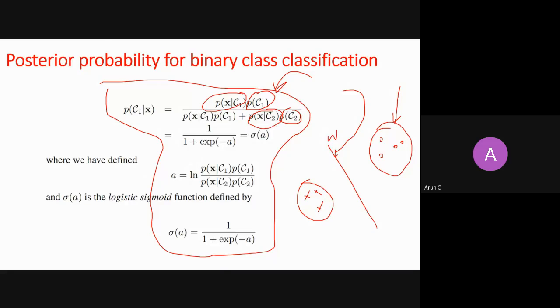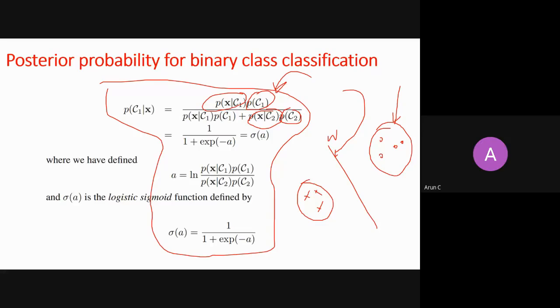Can anybody tell me? How can I show my class 1, C1? The moment I say it is a Gaussian distribution over C1 and C2, what do I need to represent C1 now? A mean and variance. Very nice. And for class C2? Same thing. Mean and variance.